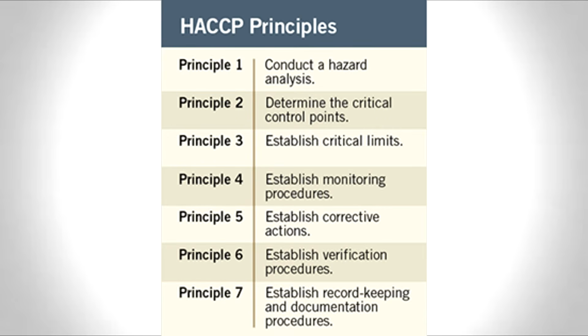We also determine if what we're doing is what we said we were going to do. Is our HACCP plan being properly implemented? And finally, principle number 7, record keeping. If it's not written down, it didn't happen. There has to be a plan about what records we'll keep and for how long.